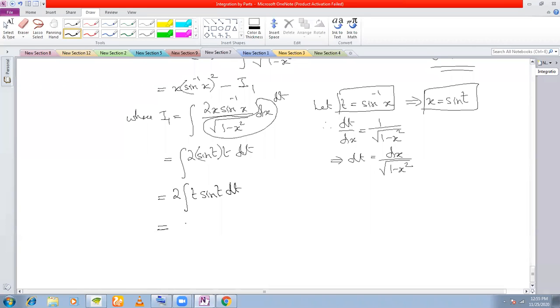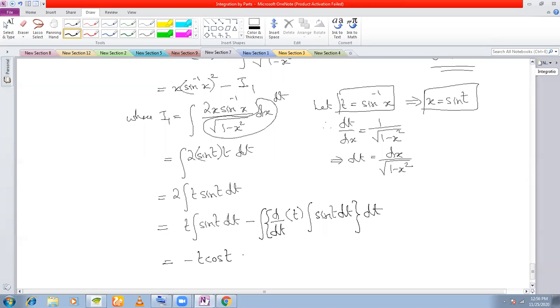So you write this as t integral sin t dt minus integral of d/dt of t, derivative of the first function, into the integral of sin t dt, whole thing within dt. So t sin t, what is the integration of sin t? It is minus cos t. So minus t cos t minus integral of derivative d/dt of t is 1 and integral of sin t is minus cos t. So this becomes a plus cos t dt.